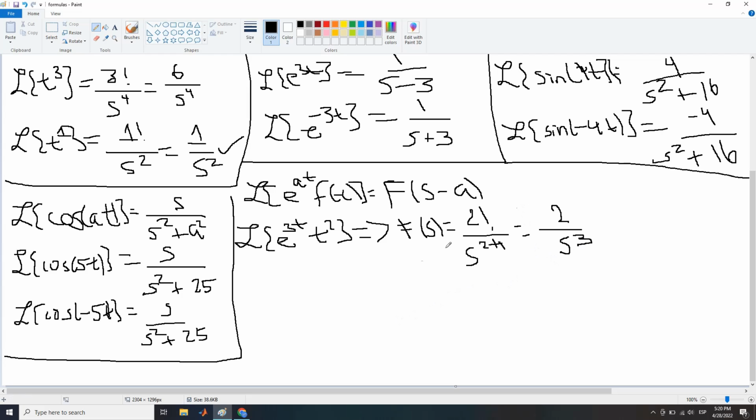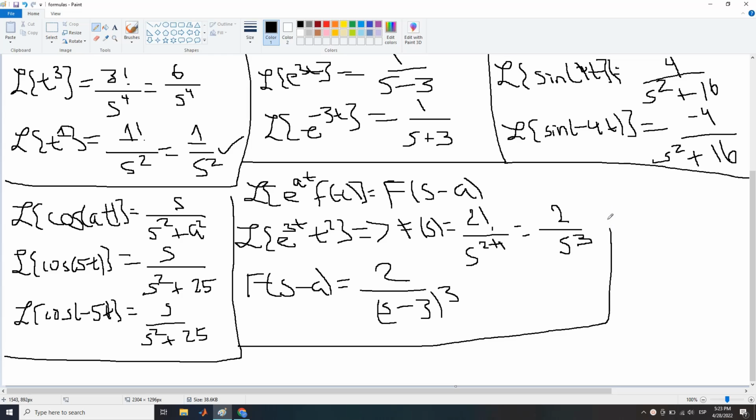Then we have to evaluate this function in s minus a. So this will be equal to 2 over, and wherever you see an s, you evaluate s on s minus a. So here a will be equal to 3. So s minus 3 cubed. This will be the final answer.